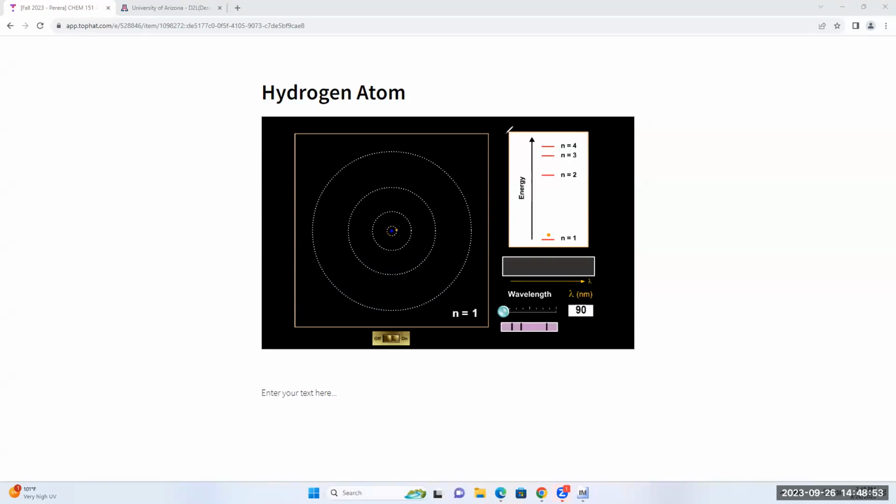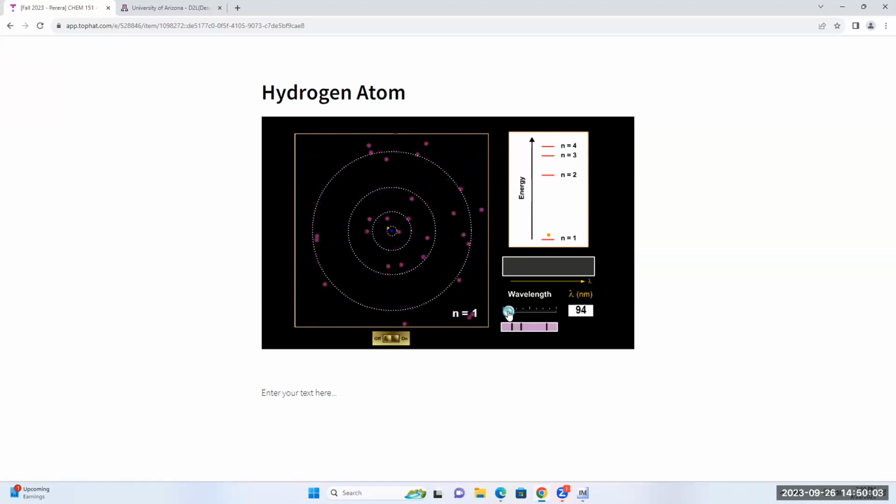I'm going to illuminate my hydrogen sample with 90 nanometer wavelength radiation. Let's see what's going to happen. Here we go. What happened? Let me show you something. Here's 94.